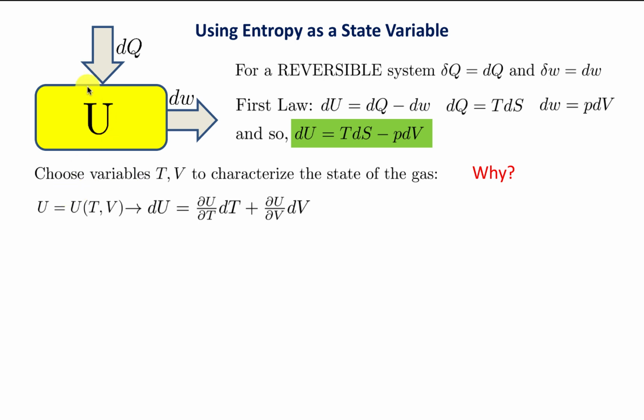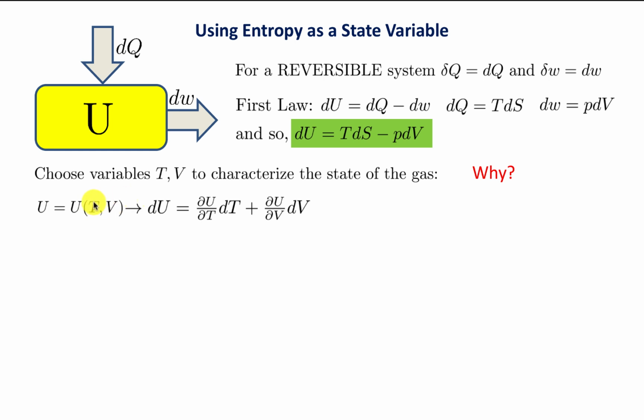In that case, the internal energy of the gas is a function of the temperature and of the volume. And again, this is for any gas or liquid. We are not saying this is an ideal gas.